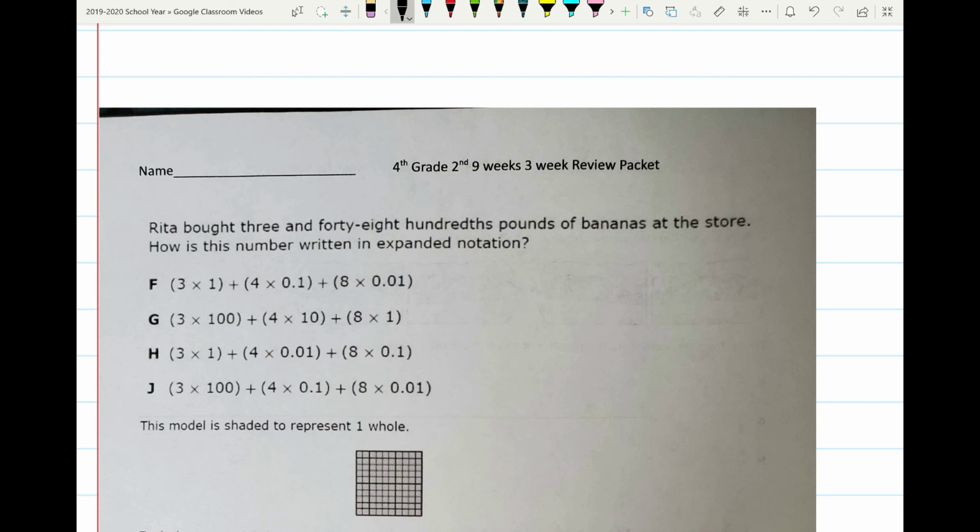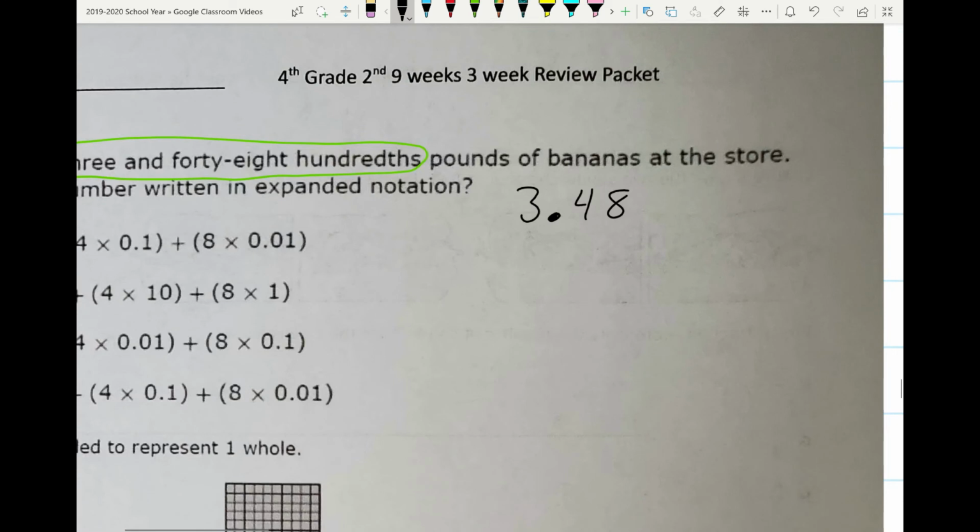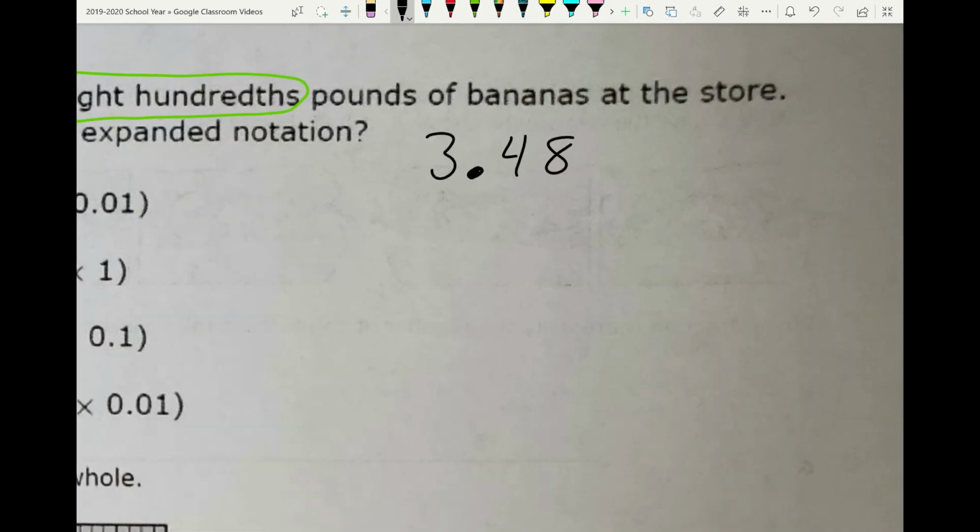So I want to first write this out in number form, so that way I know what it looks like. 3 and, that's my decimal, 48/100. The 3 is in the ones place value, 4 is in the tenths, and 8 is in the hundredths place value. To write this in expanded notation, I'm going to multiply it by its place value.